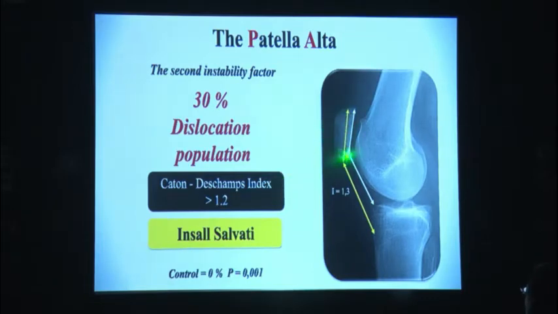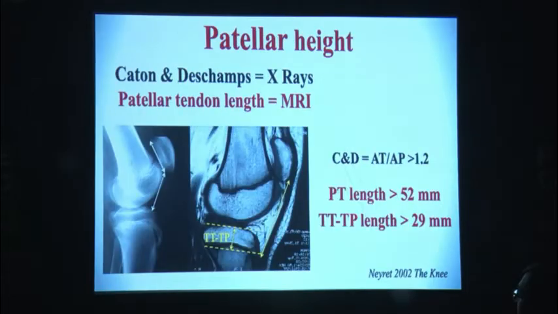If you use the Insall-Salvati, when you change the position of your patellar tendon, you will not change the Insall-Salvati index, in fact. So it's not so useful. The most surgical index is the Caton-Deschamps.